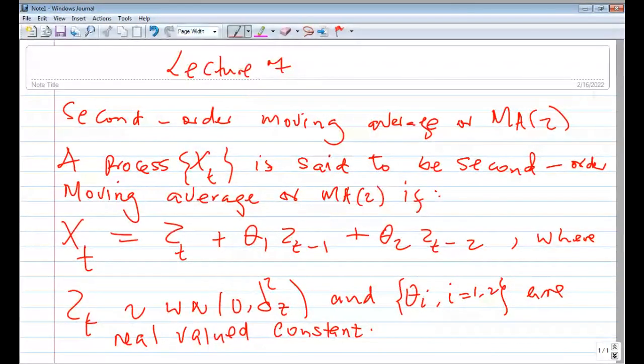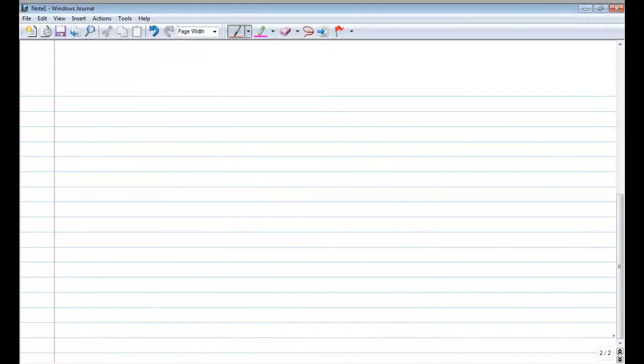Like I said, moving average of order 2 is always stationary, but it's not always invertible. So we have to check the invertibility conditions of moving average of order 2.